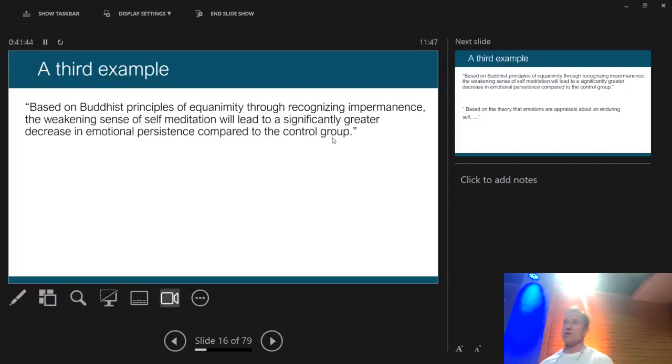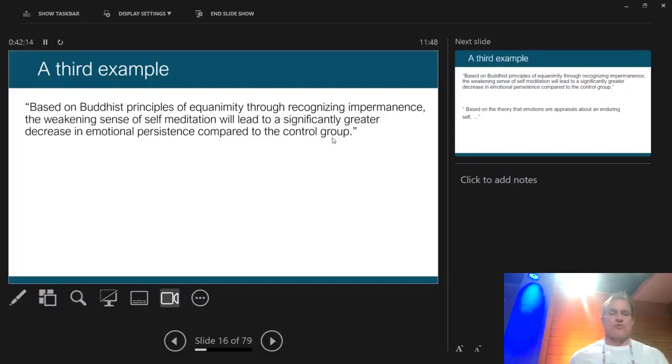Because if, for example, emotions are at least partly constituted by appraisals about the relevance of a situation to the self, but you become a different self and not quite the same self over time, then your emotions should persist less over time when you weaken the sense of self, including anxiety and depression, but including pride and happiness and positive and negative emotions. That was my thinking.